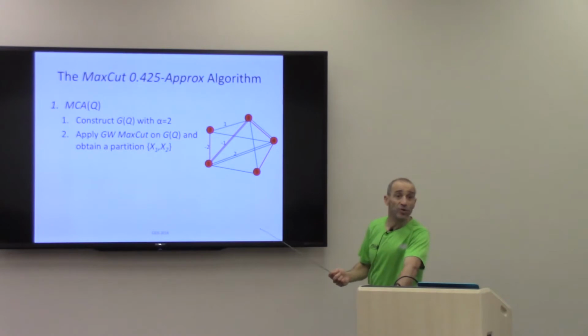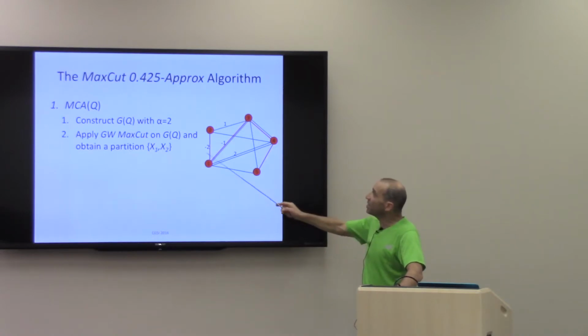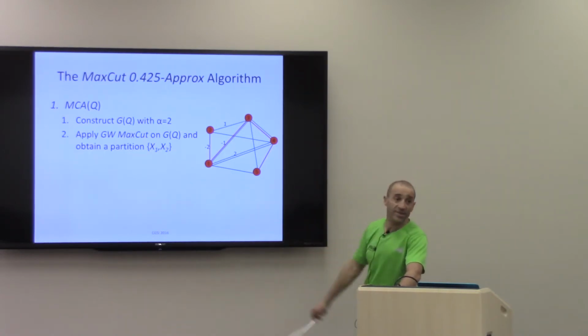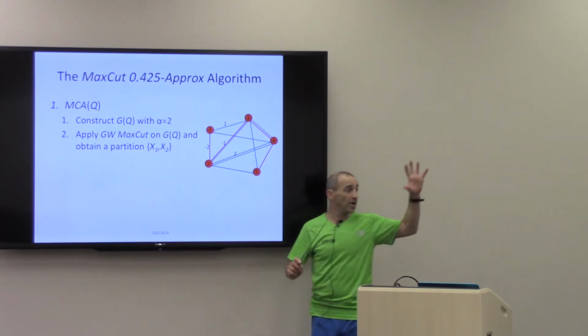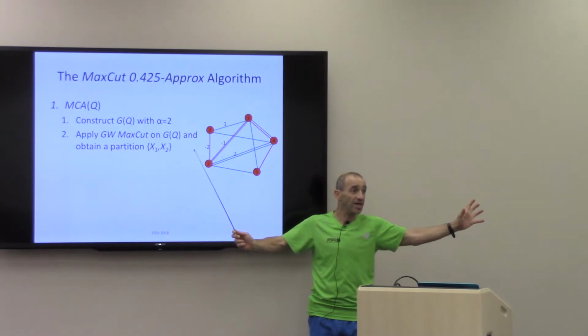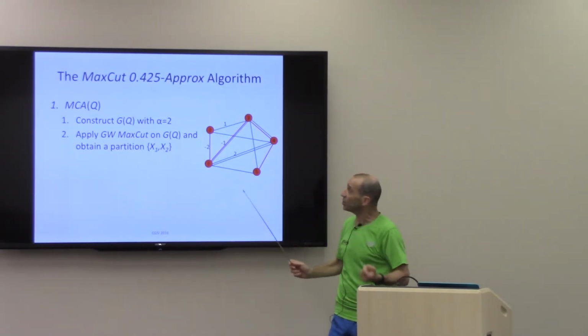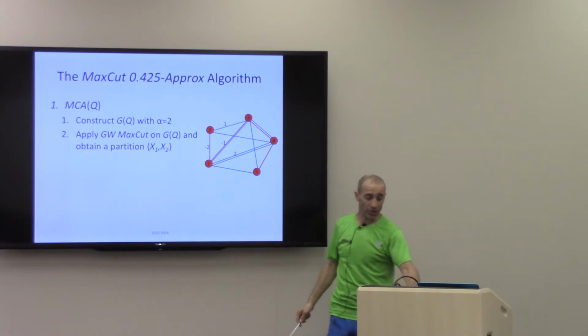It is polynomial, it is not randomized, and it runs in polynomial time, and it partitions the guys into X1 and X2. So we have that partition, and we have some approximation guarantee on that partition.